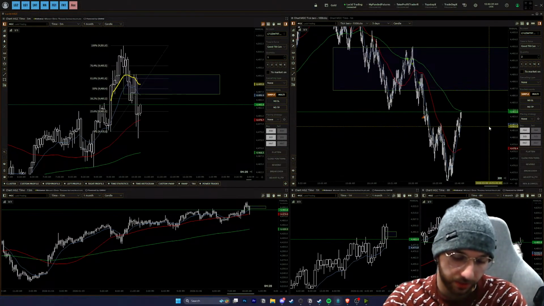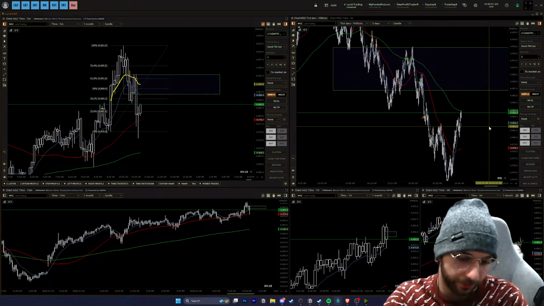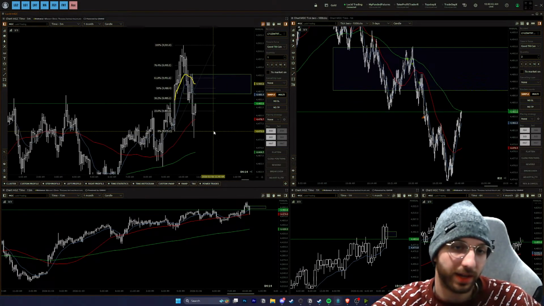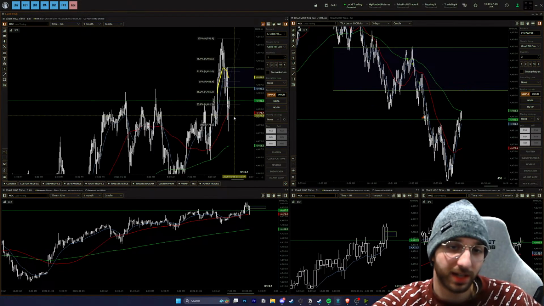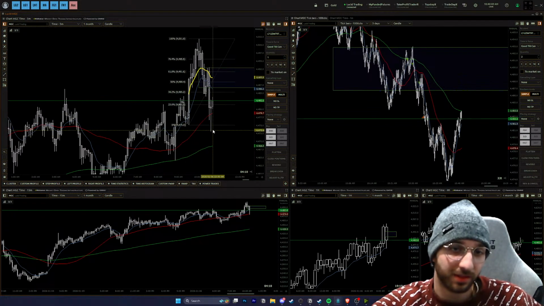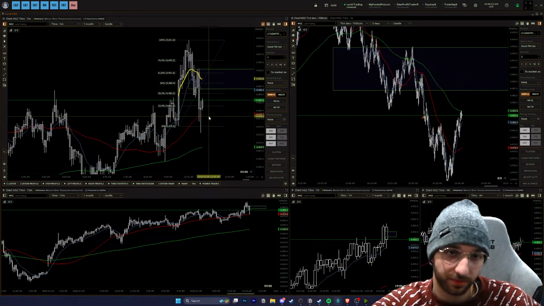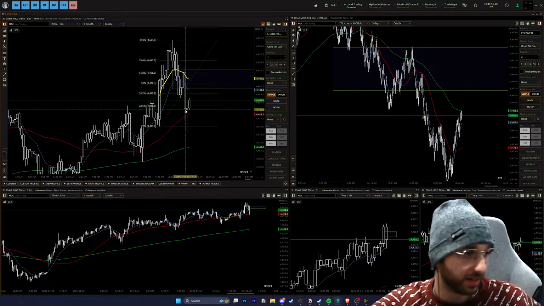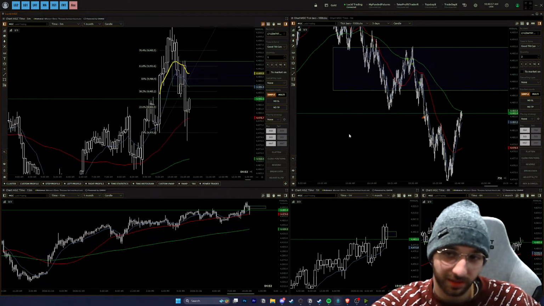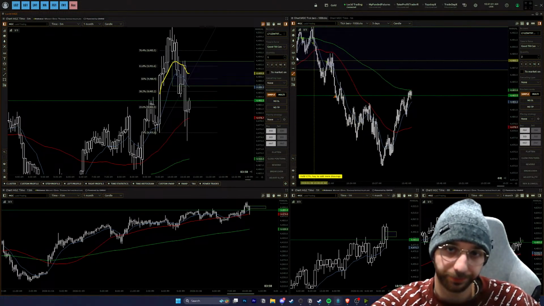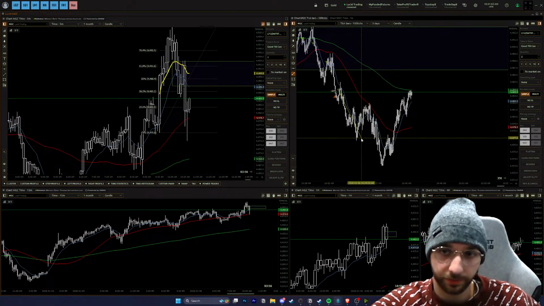So we are pulling back, but it's pretty aggressive. Looking at this, sweeping down below here, I know the stats, but damn, that's a nasty wick. And we're breaking out. See, we made a market shift here.